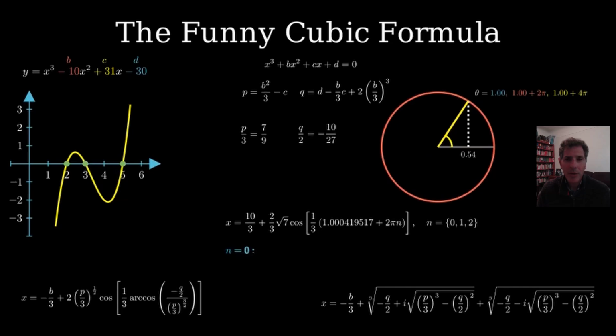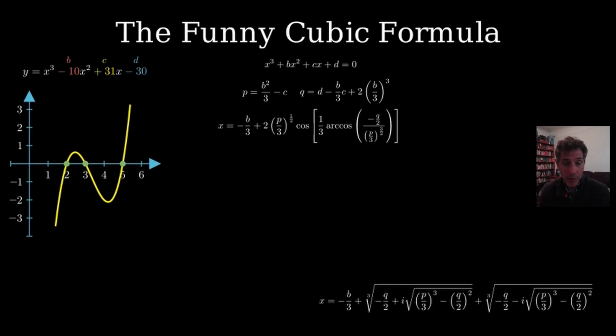When we let n equal 0 and punch everything into our calculator, we get x equals 5. When we let n equal 1, we get x equals 2. And when we let n equal 2, we get x equals 3. So incredibly, this crazy looking expression for x yields our three results, 5, 2, and 3.